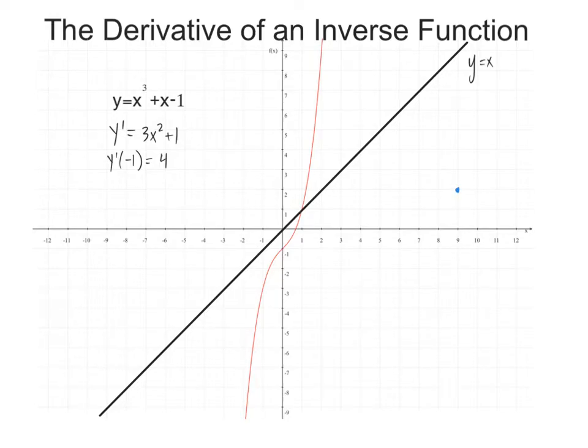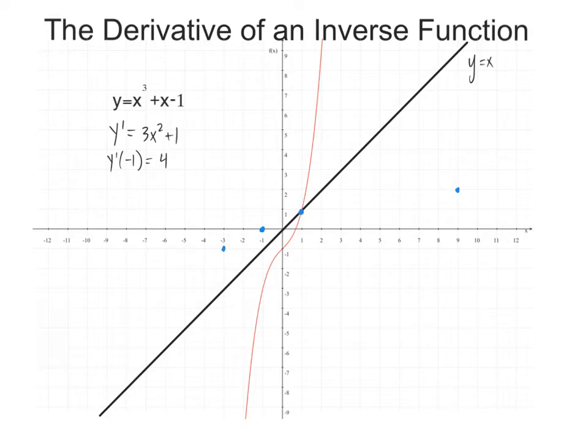Anytime our function is on this black line, our inverse is going to be also. The point (0, -1) is going to become (-1, 0). The point (-1, -3) is going to become (-3, -1).